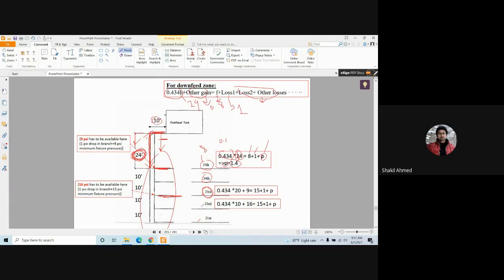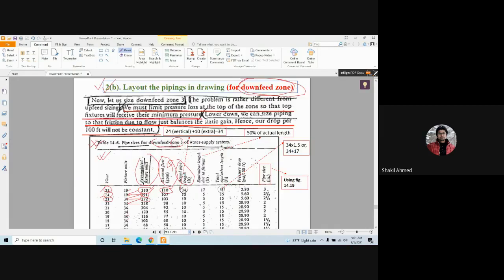What is the total length, guys? 24 plus 10. So 34. Clear? Yes, sir. So 24 vertical and 10 extra for horizontal.